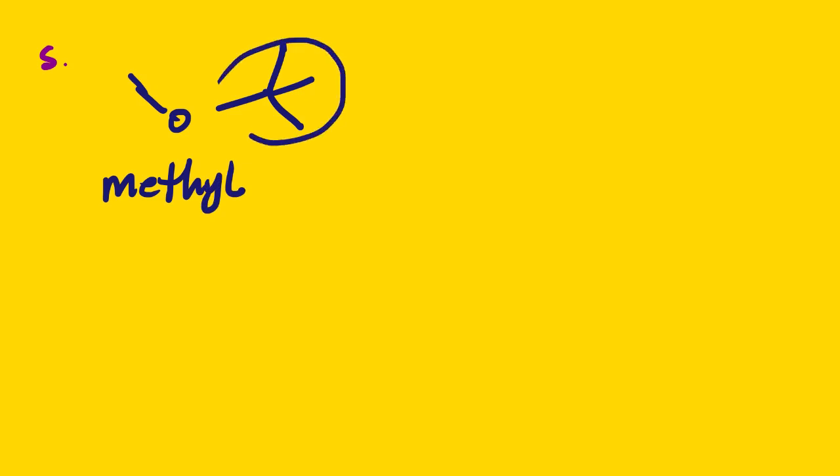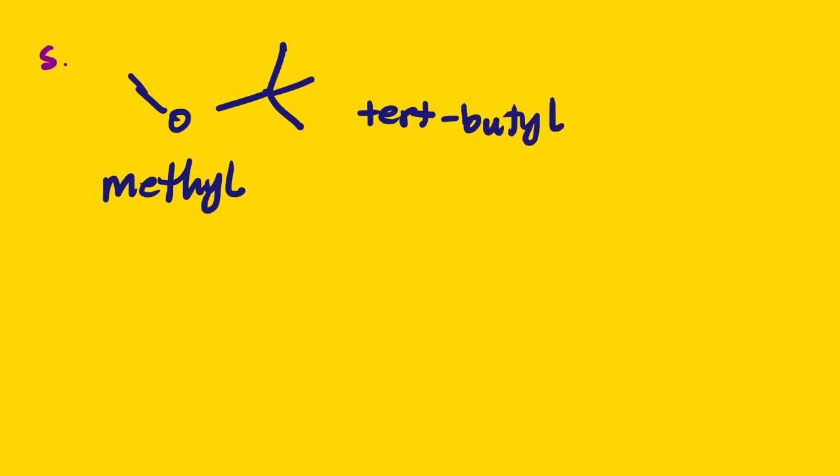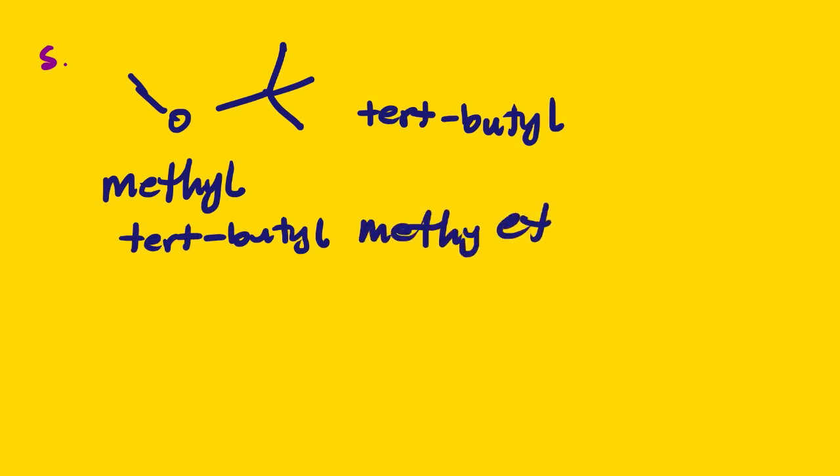And then this, we can see that this is a tertiary butyl. And then the common name will be tert-butyl methyl ether. And then for the IUPAC name, we have to break it down.